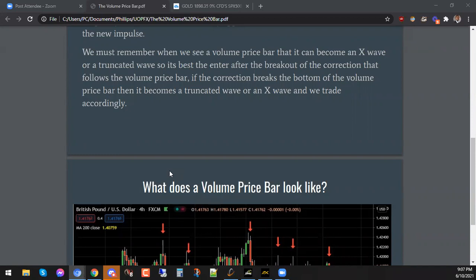Or based on the time frame that you're on, you're looking for price to pull back, then break the high of the volume price bar. Then you jump in to go long, since it's a green volume price bar. All right, everyone with me?